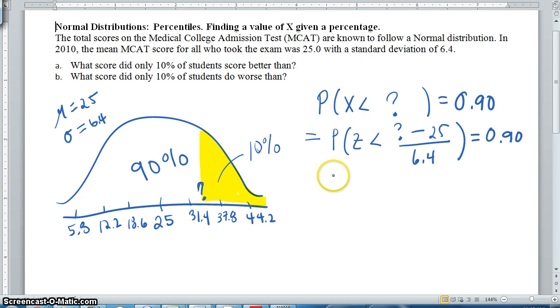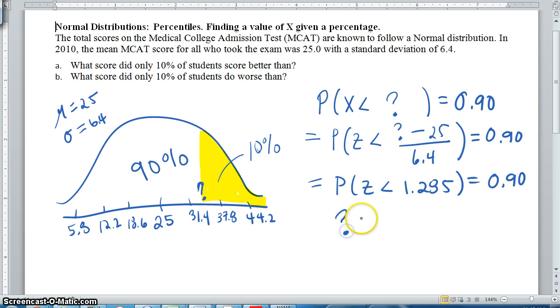So what this means is that the probability of z being less than 1.285 is equal to 0.90. And so then this quantity, question mark minus 25 divided by 6.4, has to be equal to 1.285, which with a little bit of algebra we can easily calculate.